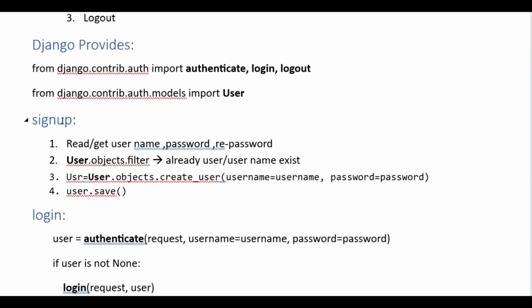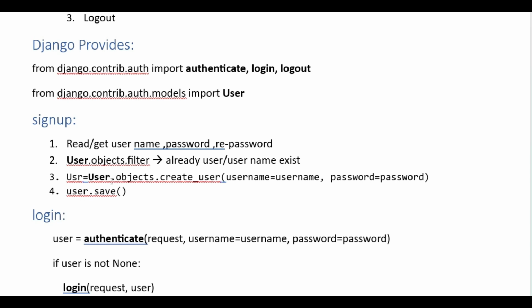Now, how does sign up work? Sign up reads the username, the password, and the re-entered password, and checks whether the password and the retyped password are the same. If they are the same, it uses User.objects.filter to check whether the username already exists. If it doesn't exist, it will create the user.